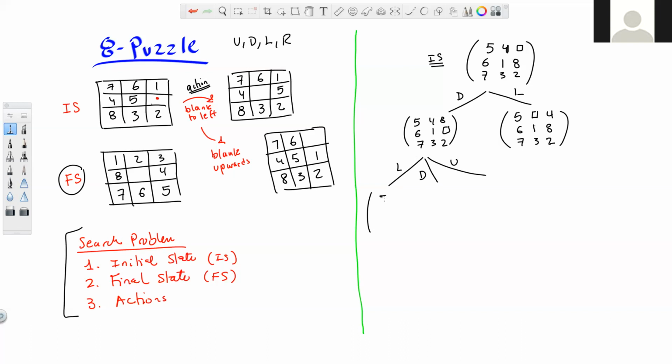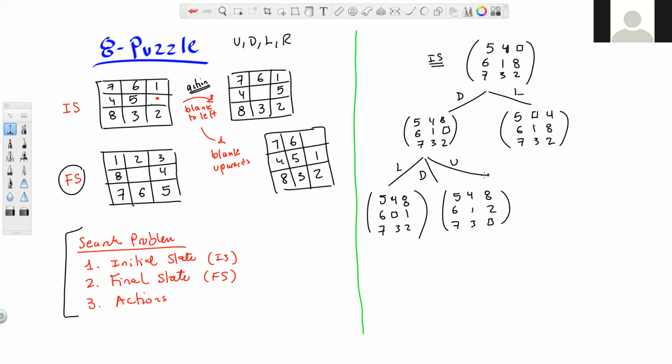And in this case, the state would be 5, 4, 8, 6 blank 1, and then 7, 3, 2. The state here would be 5, 4, 8, and then 6, 1, 2, and then I get 7, 3 blank.